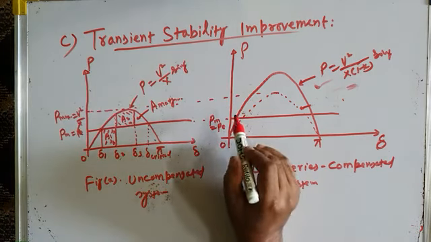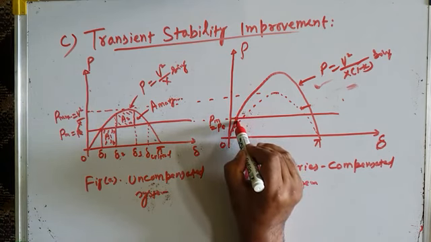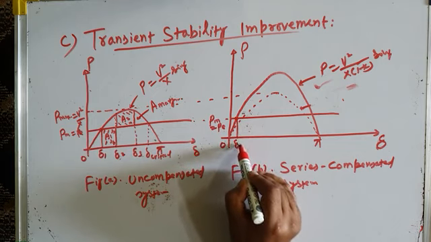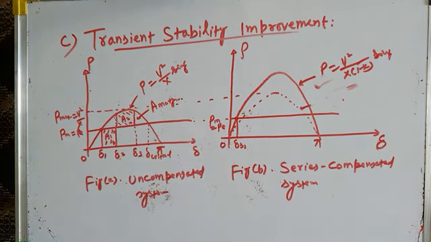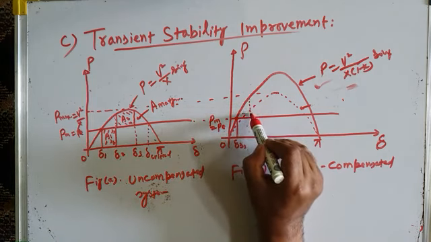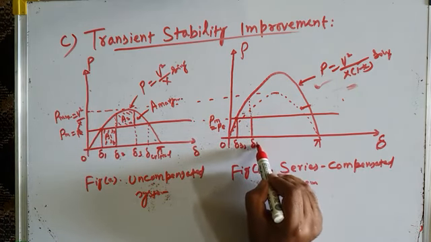Now this is the power angle or transmission angle delta S1 at which my system is initially operating, and a fault occurs. Then as soon as the fault occurs, my system operates like this, delta S2.